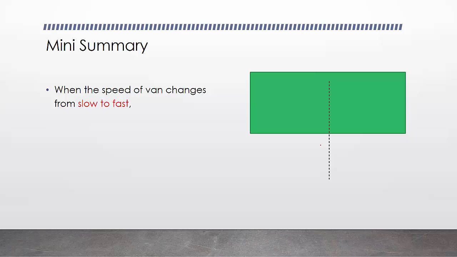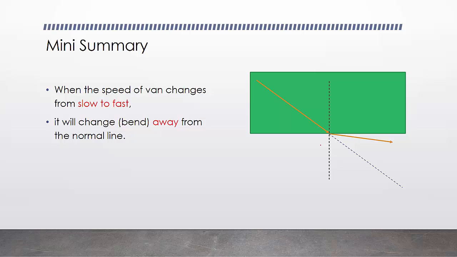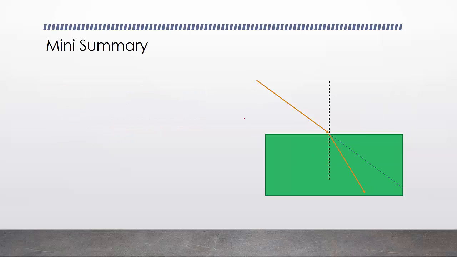In this case, if the speed of the van changes from slow to fast, instead of going straight, due to the change in speed, it will bend away from the normal. So instead of going here, it bends away from the normal. If the speed of the van changes a lot, the change in direction will be more.